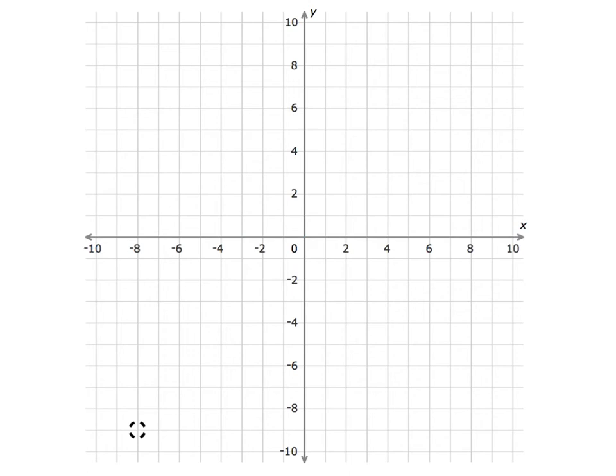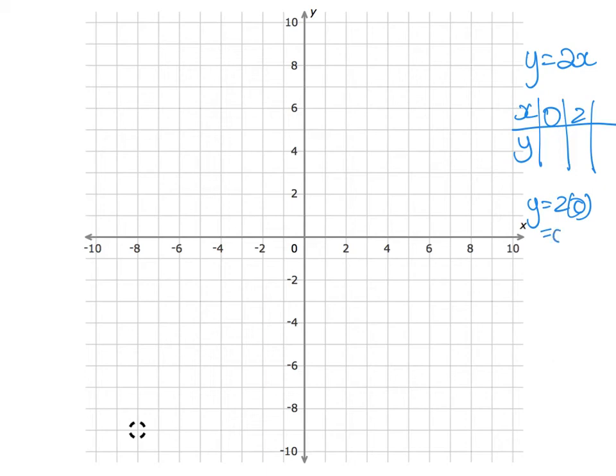Okay, let's now look at y equal 2x. To be able to draw the line y equal 2x, I just need any 2 points on the line. Easy points to use are when x is 0, when x is 2. Any 2 points you can use. When x is 0, y is equal to 2 by 0, which is 0.